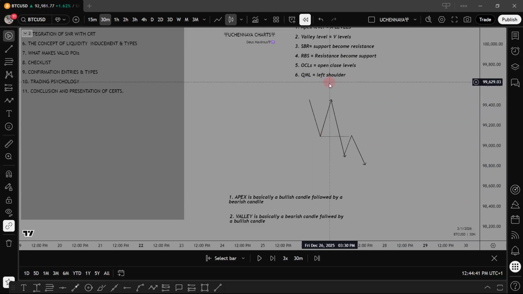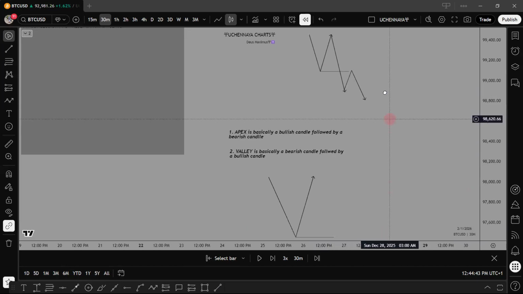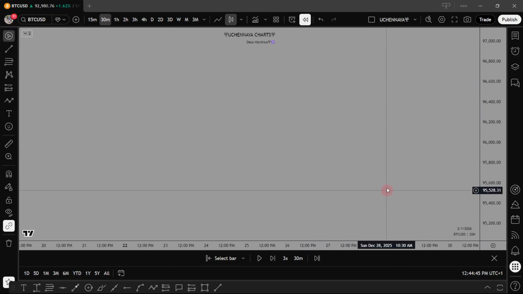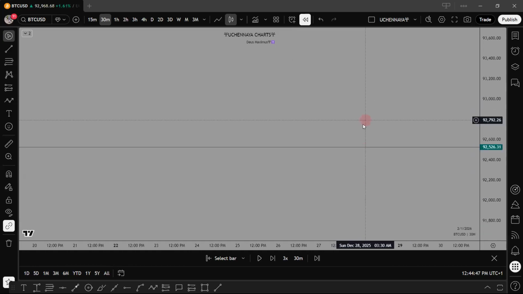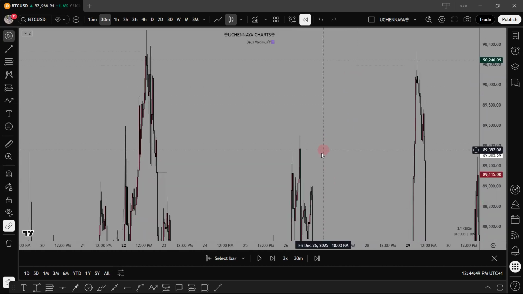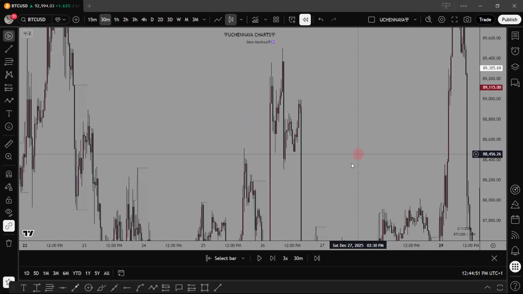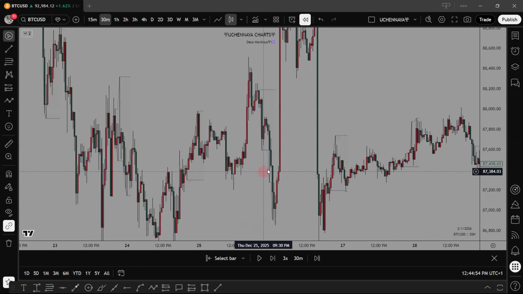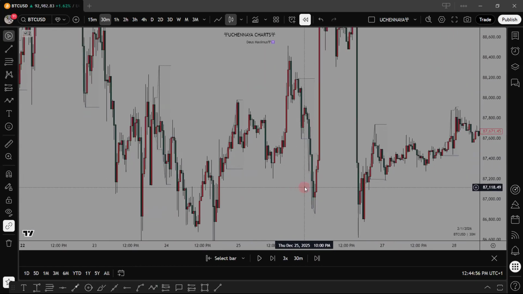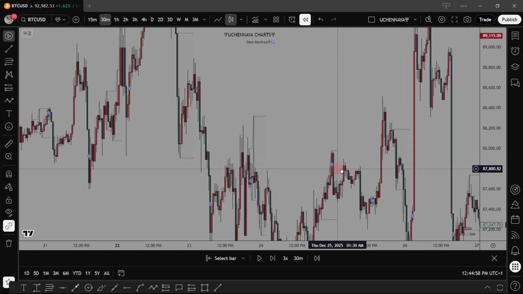Okay, now let's show you what an SBR is on the chart. I want an SBR that has been reclaimed.